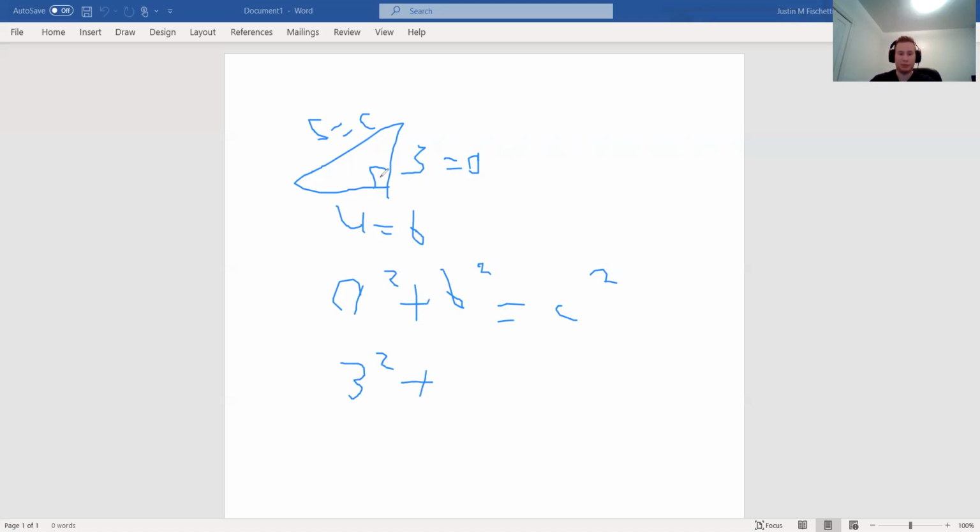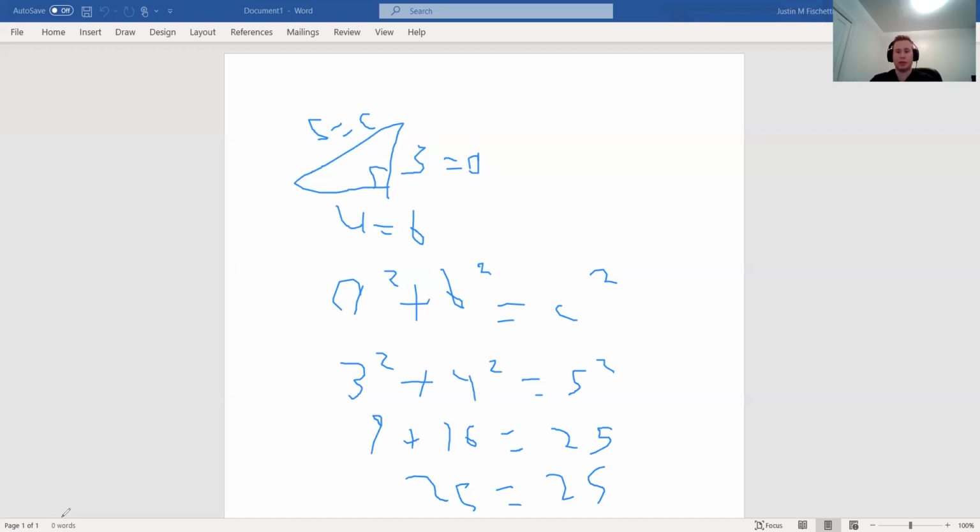And same thing with the 4: we put it in place of B, so that'll be 4 squared equals C squared, and C is 5, so 5 squared. Solve out the squares. 3 squared is 9, plus 4 squared is 16, equals 5 squared, which is 25. Simple math: 9 plus 16 is 25. So 25 equals 25, therefore proving that the Pythagorean theorem works.